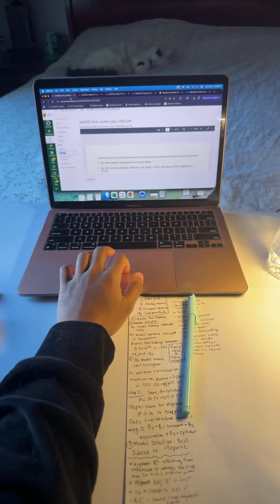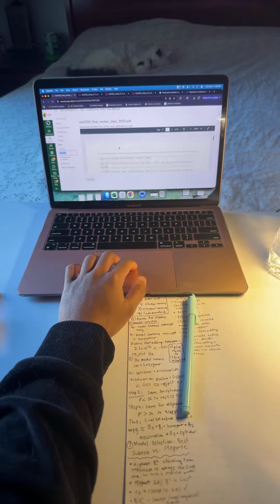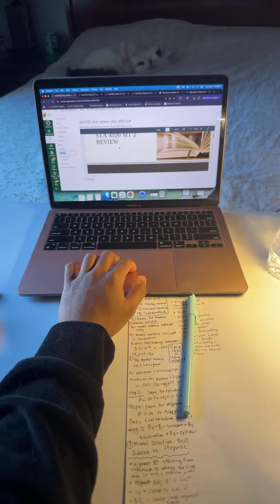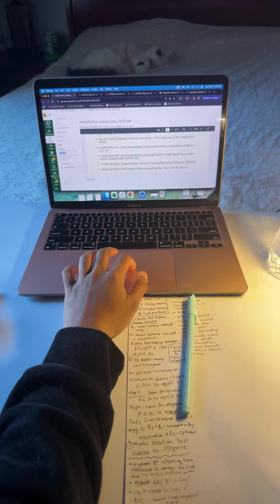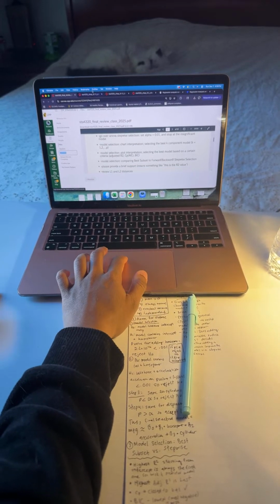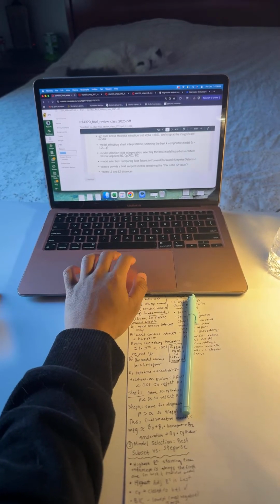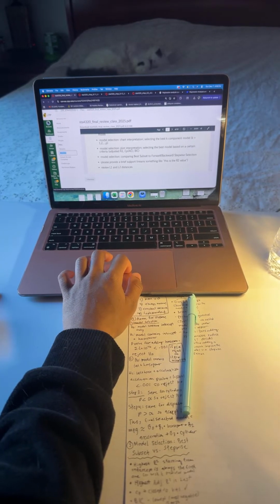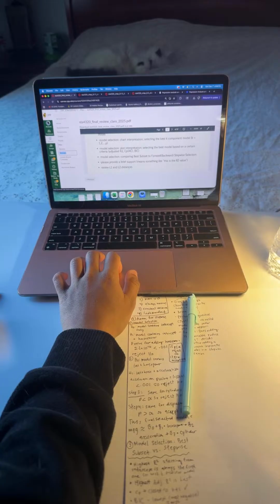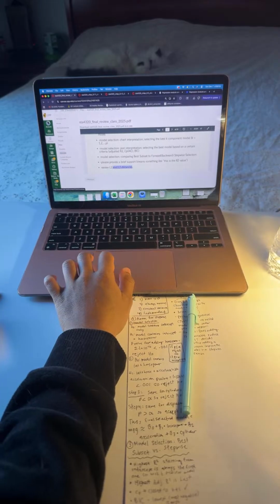Well, yeah, they're the last ones we went over after the midterm, but why do you say it's cumulative then? All these questions are based on the ones we went over after the midterm. Okay, so please provide a brief report on L1 and L2 distances.